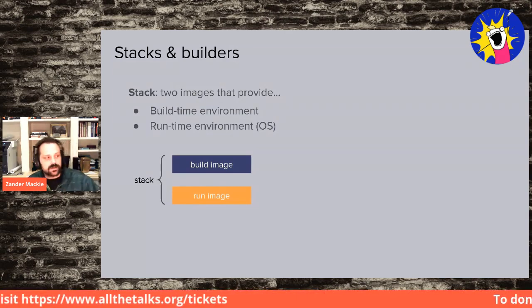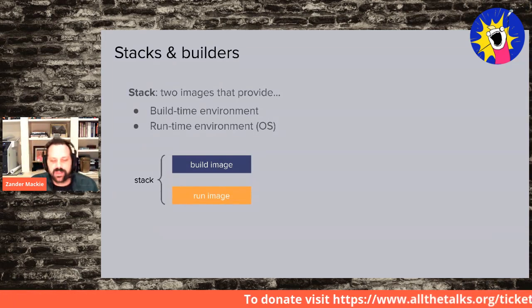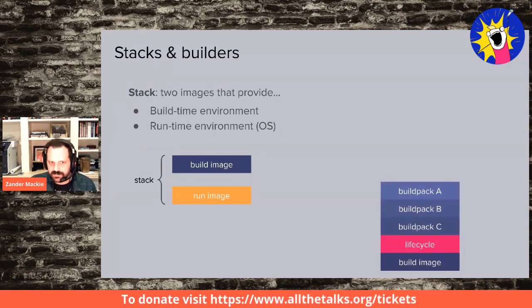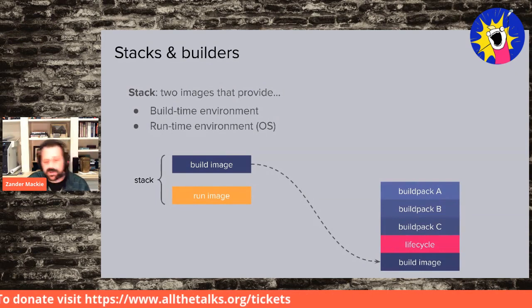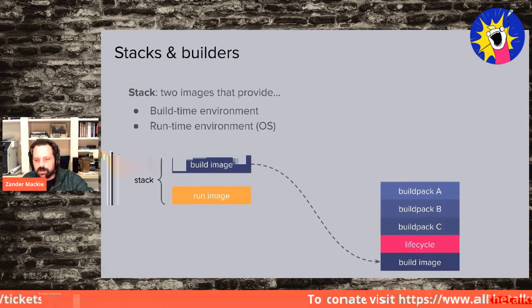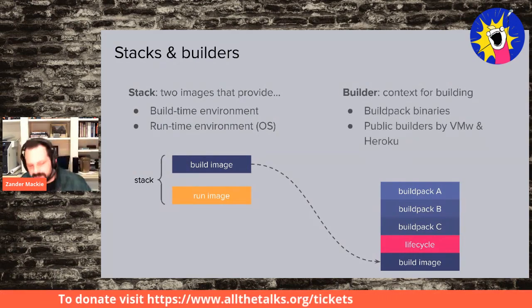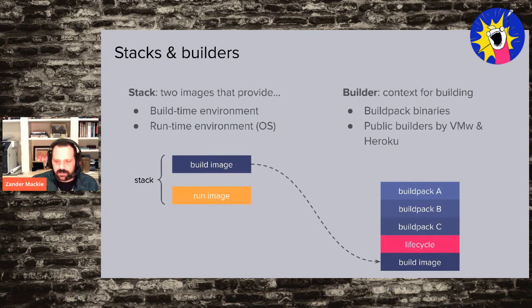They're containers that are spun up when we do build and run that are used as a context for your application. So when we did a pack build, we were running it on something called a builder image. A builder image is a collection of buildpacks with something called a lifecycle, which is the piece that is the heart of all of this, and the build image of a stack.